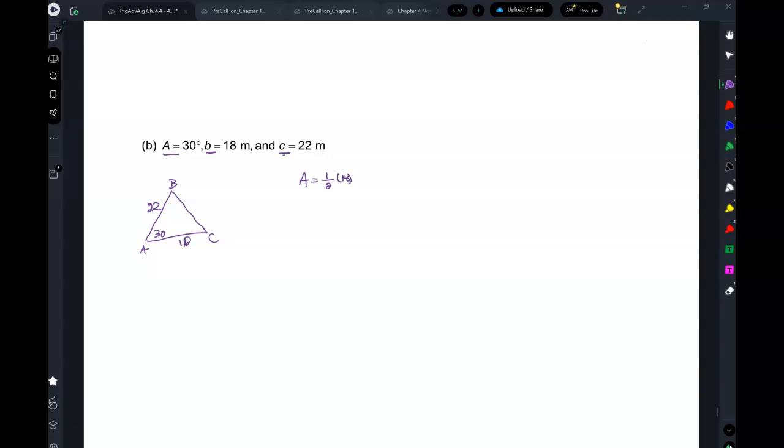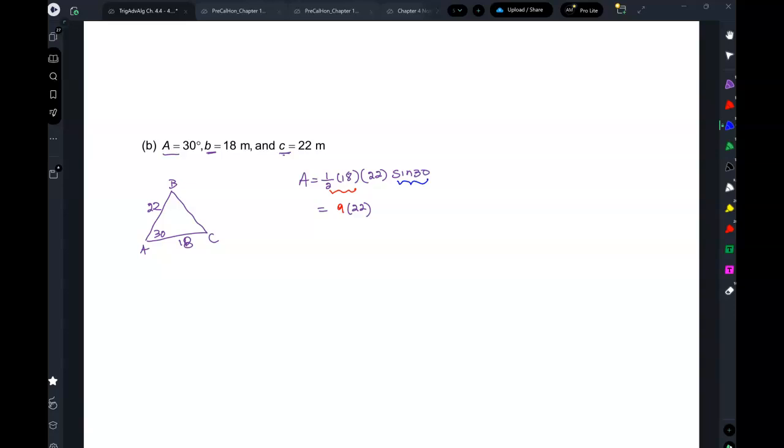So the area is half times 18 times 22 times sine of 30. Okay, so look, we're going to do this without a calculator. What's half of 18? 9 times 22. Okay, hey, what's sine of 30?